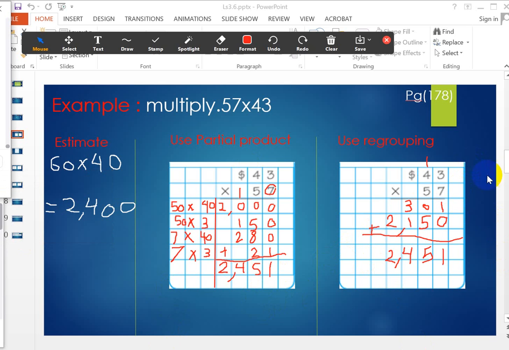Regrouping, I will repeat regrouping. I have to multiply 7 with 43. First thing, 7 multiply 3 equals 21. So I will put 1 here and 2 above the tens. 7 multiply 4 equals 28 plus 2 equals 30. So I will write 30 because there is no digit after the tens.